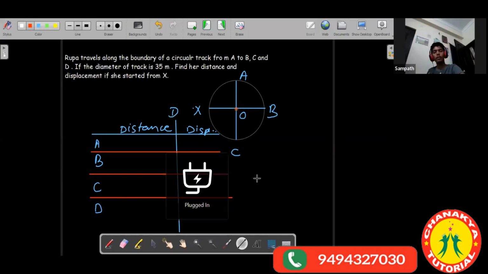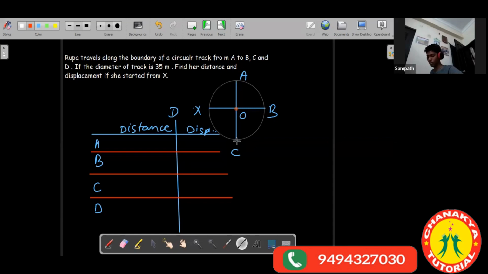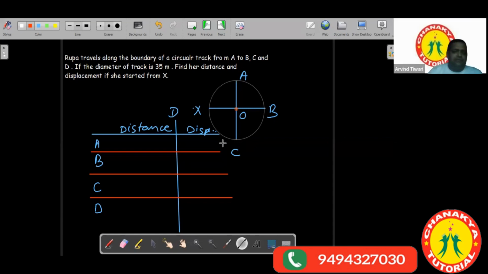Sir, if she is at B, then we have to calculate the total distance that she covered from X to A, then to B. For everything, when she starts from X, okay? So starting from X, when she is at A, what is her distance and displacement? When she is at B, what is her distance and displacement? Then when she is at C, what is her distance and displacement?